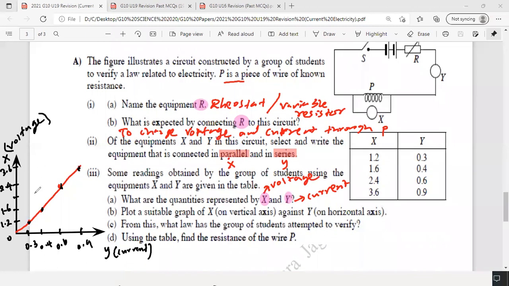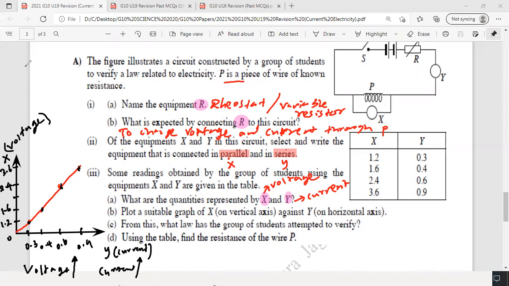So it means when the voltage increases, current also increases. So we call it what? Ohm's law. Current and voltage are directly proportional. When voltage goes up, current goes up.